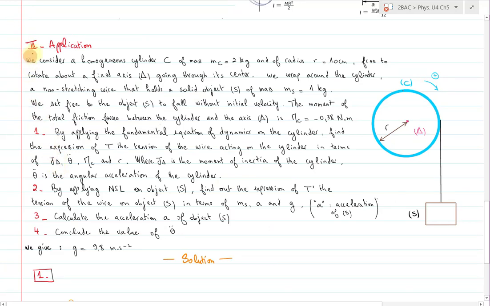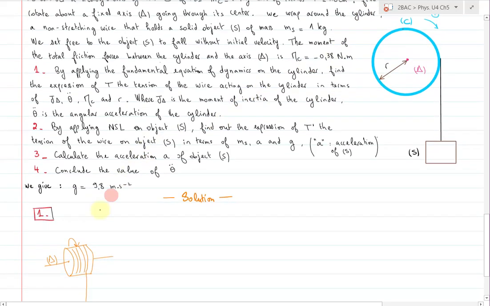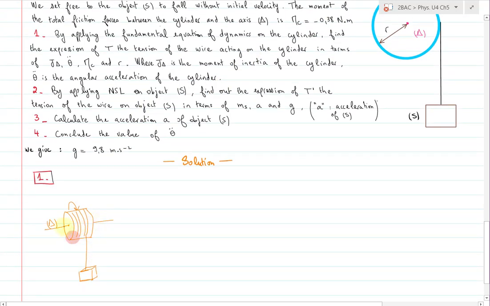So section 3 application. We consider a homogeneous cylinder C of mass mc equal to 2 kilograms and of radius r equal to 10 centimeters. هاد cylinder إلا جيت نشوفو from sideways فهاد الشكل هذا. It can rotate around this axis of rotation that goes through its center، اللي كيدوز عبر المركز ديالو.